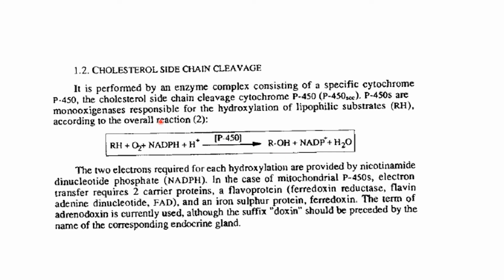Since P450s are monooxygenases, guess what they need? They need a molecule of oxygen. They need some electrons, which are going to be brought to the reaction by NADPH. They need some hydrogen ions. This would be cholesterol, and this would be pregnenolone.